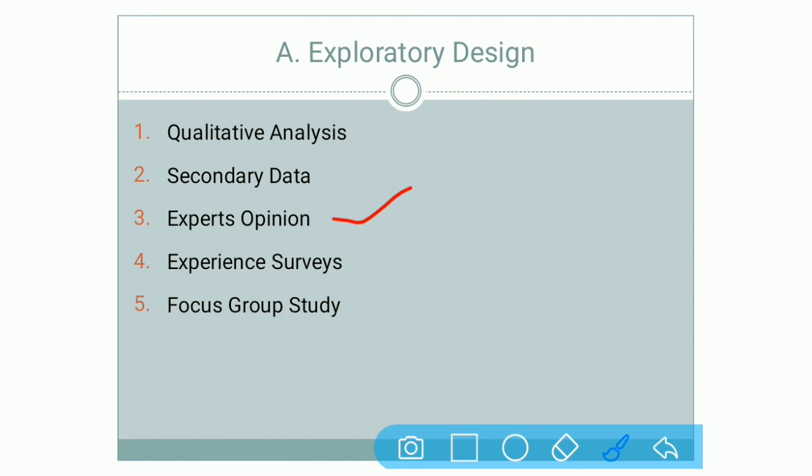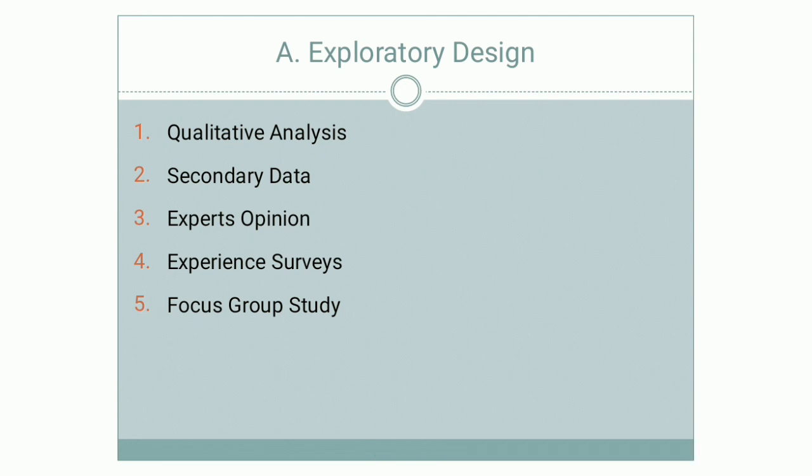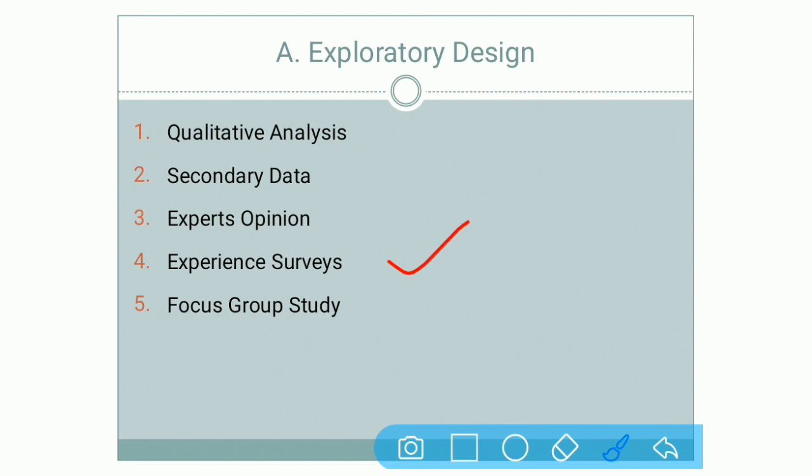If you are taking their advice to conduct your research, then again it will increase your knowledge. If someone has knowledge related to a particular topic and you take their advice, it is useful for you.